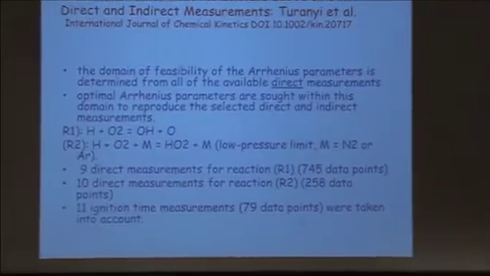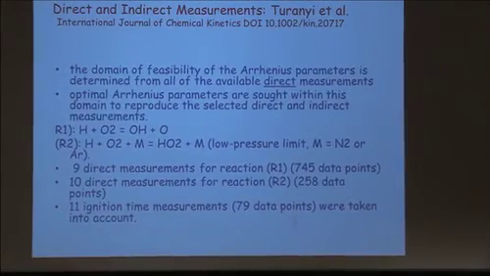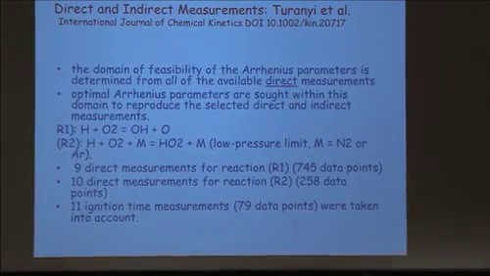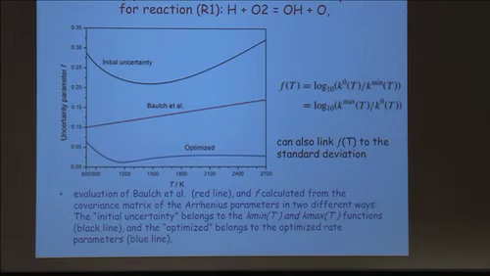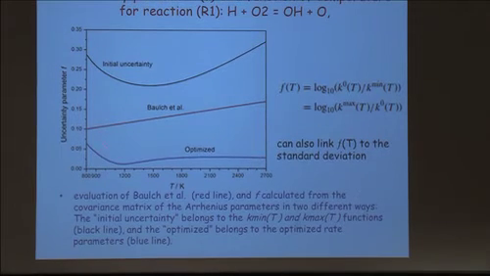These are all taken into account in a very careful statistical analysis. And then by taking all of those together, what he was able to do was to significantly reduce, as we said, the uncertainty in the overall rate parameters.